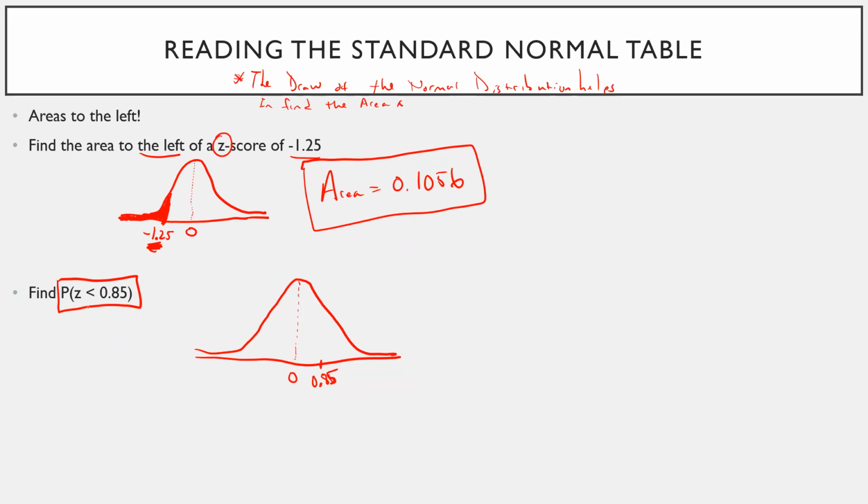I want to find the probability that a z-score is less than that, so that's the area under the curve to the left. A little bit terrible drawing there, but you get the idea.